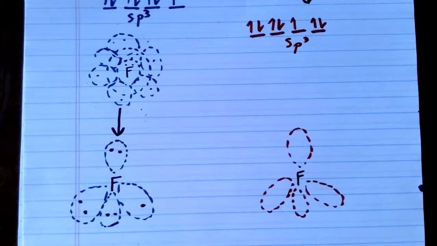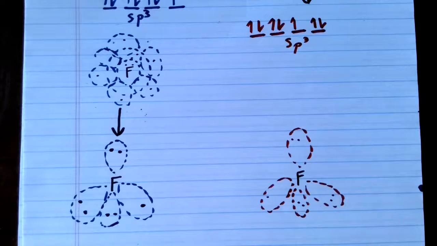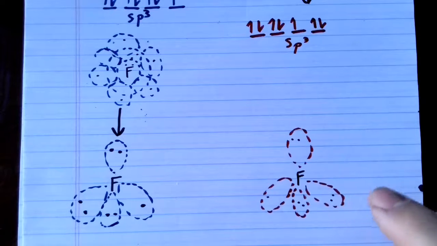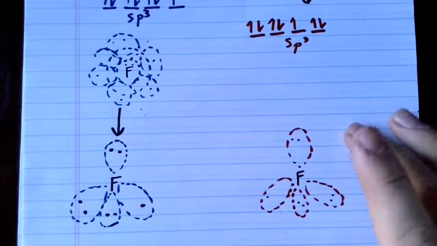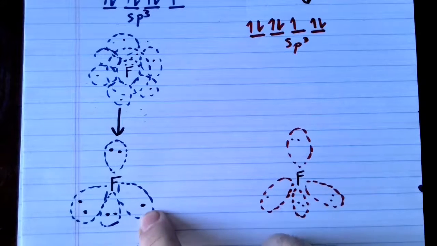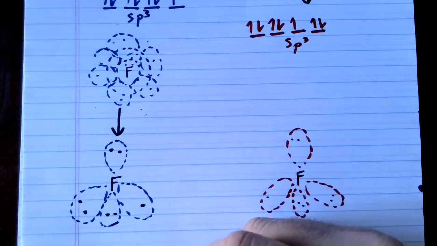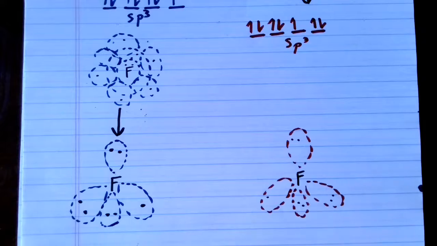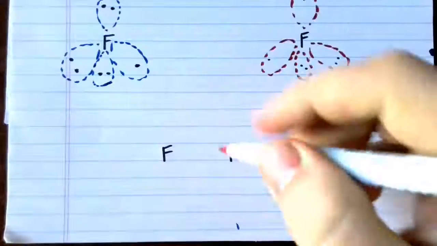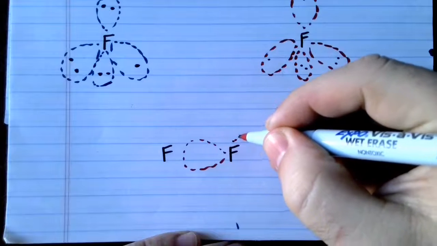But for now, all we care about is that it happens. So I call this a hybridized orbital. I call it sp3 just to give a name to this specific structure, this specific arrangement. When this arrangement occurs, this electron and this electron are able to then overlap. And so I get fluorine bonded to fluorine with this overlap of their electron orbitals.